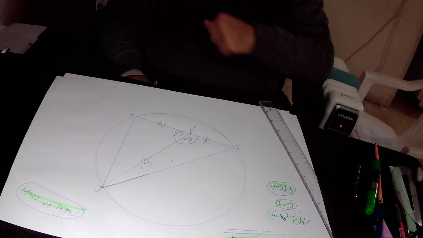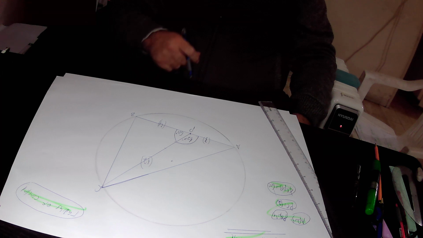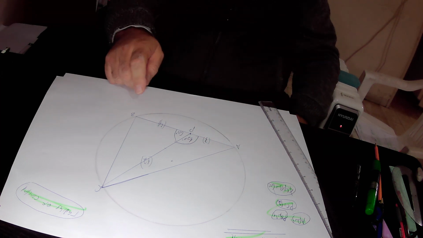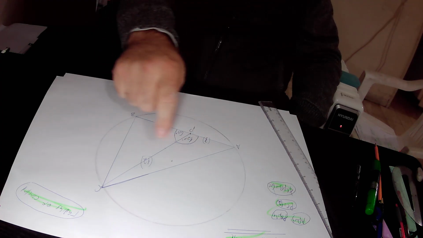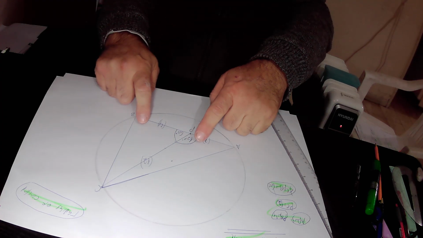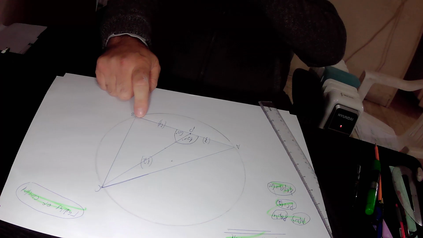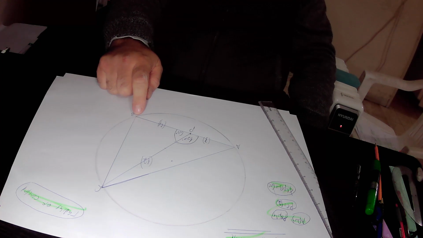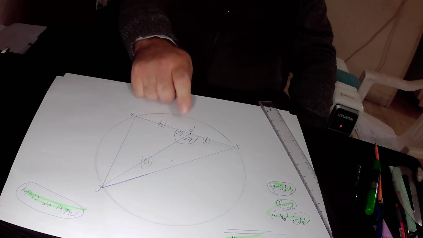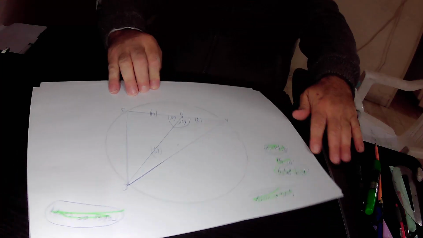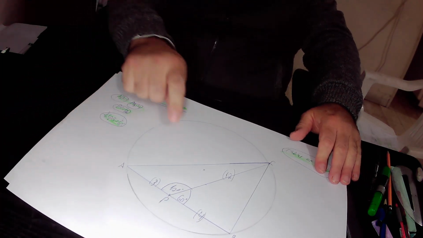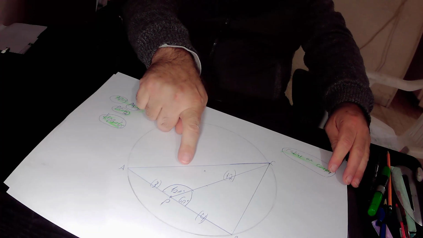So by doing those constructions, we get those two small triangles, and also the big triangle ABC that contains those two triangles. So in the next step we will implement the law of cosines in this triangle APC.